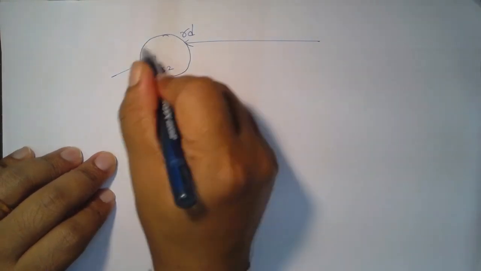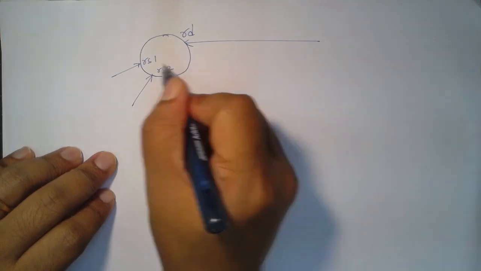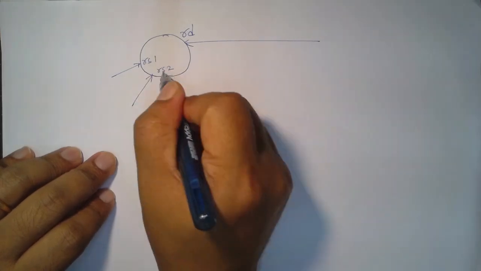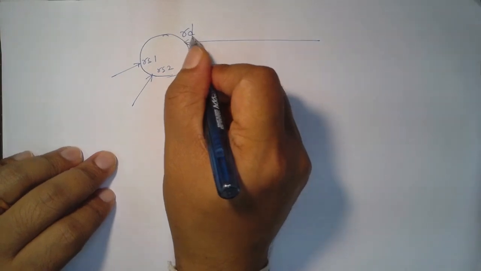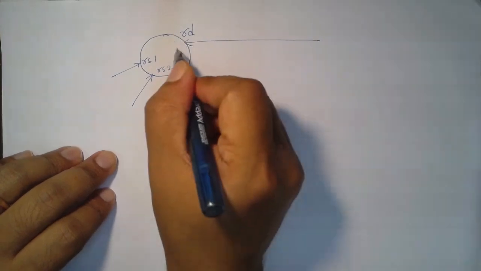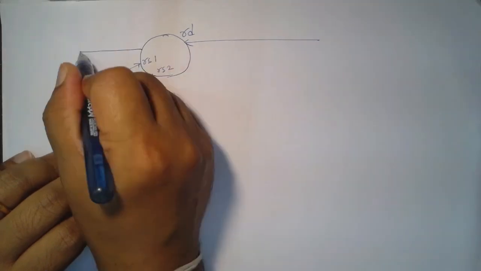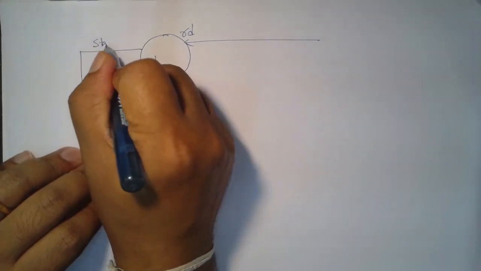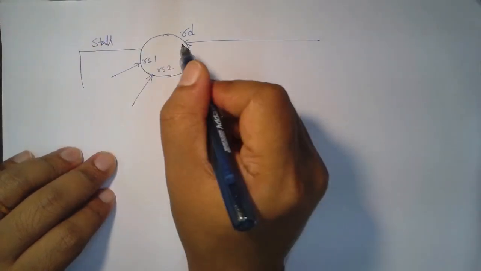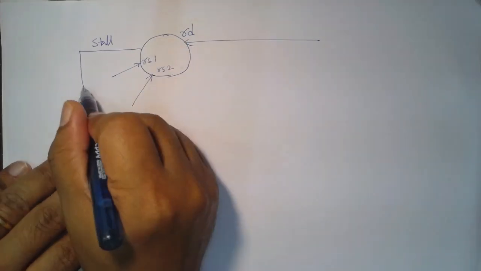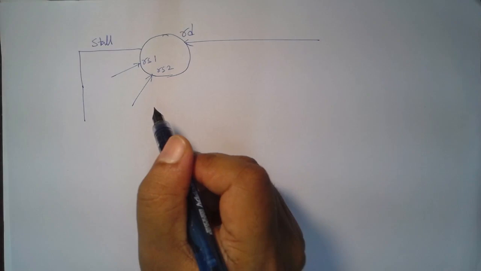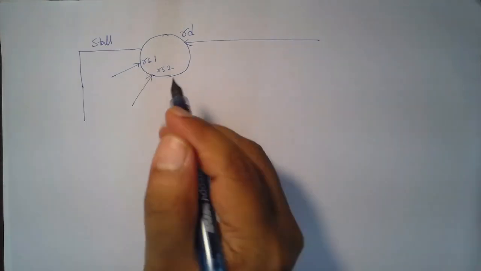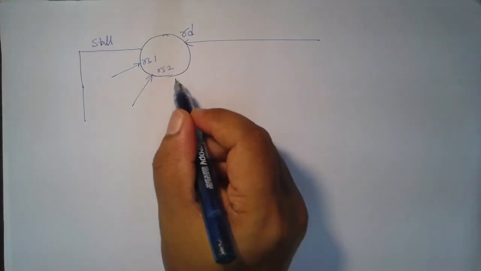Now, here I can compare. Is any of RS1 and RS2 the same as the RD? If that is the case, then you have to generate the stall signal, and this stall signal will make sure that the instruction which is in the decode stage does not move ahead, because your OP1 and OP2 are not available yet.